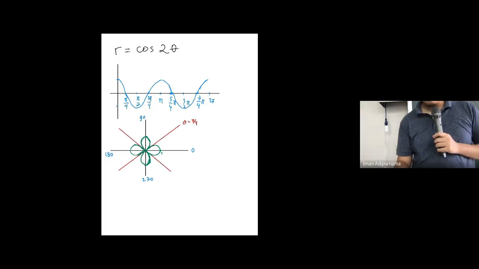So yesterday we had a sine theta and a cos theta, right?